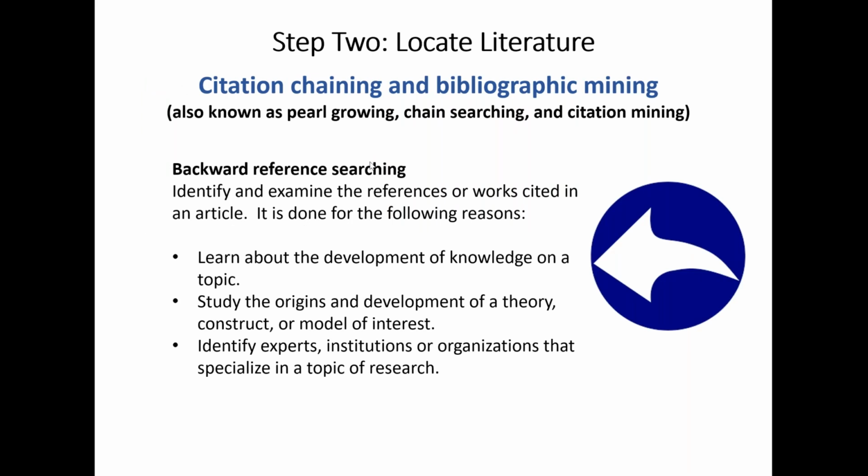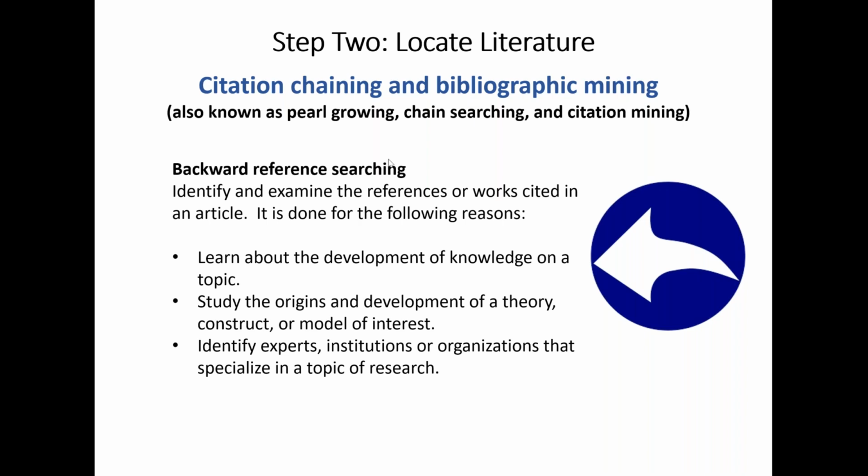Another technique that you can use as you locate literature is called citation chaining or bibliographic mining. Some people also call it pearl growing or chain searching or citation mining, but however you want to phrase it, basically it works like this. It's identifying and examining the references or works cited in an article, which is backward reference searching.